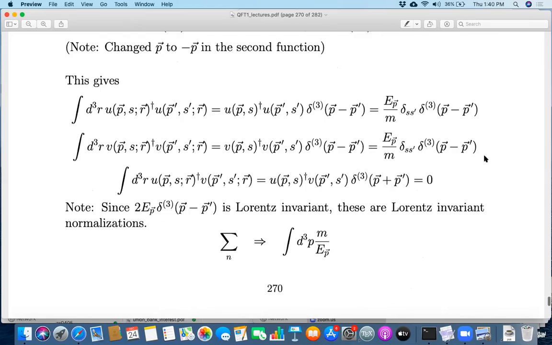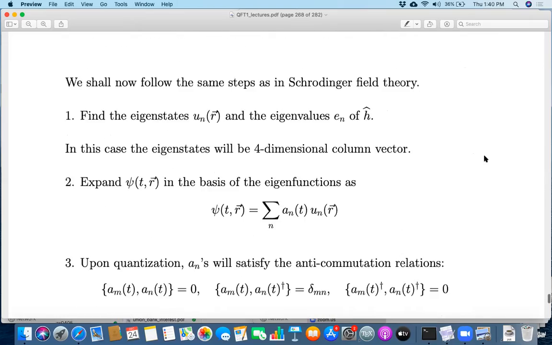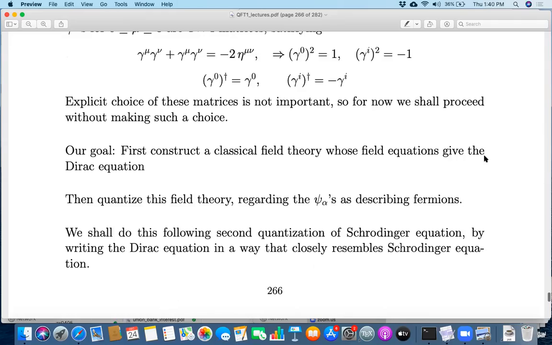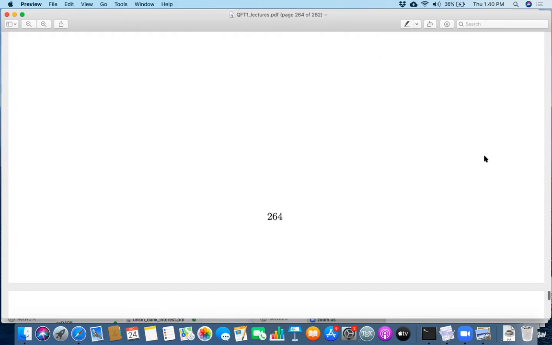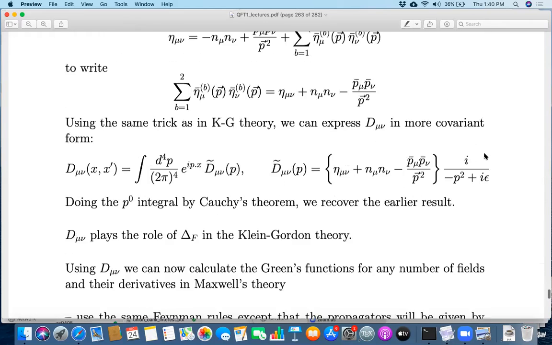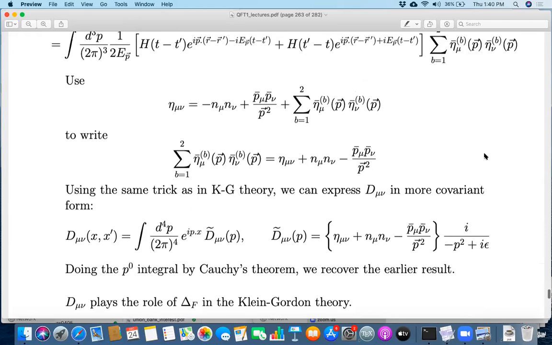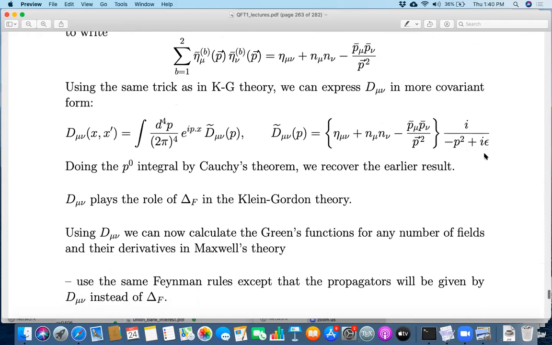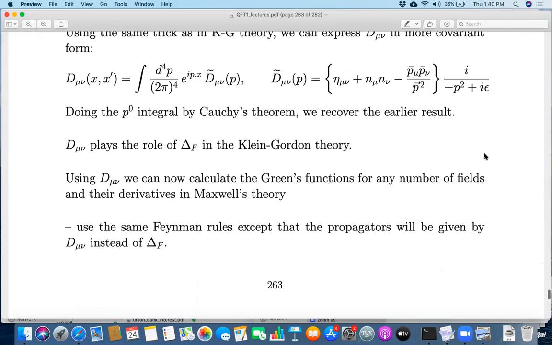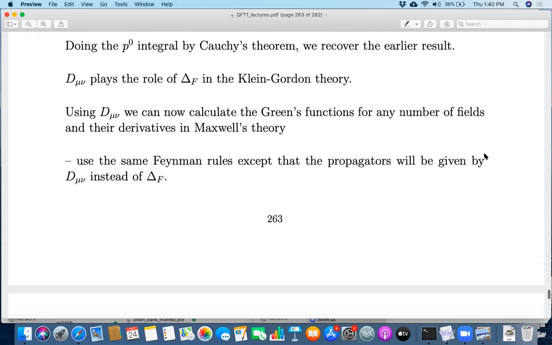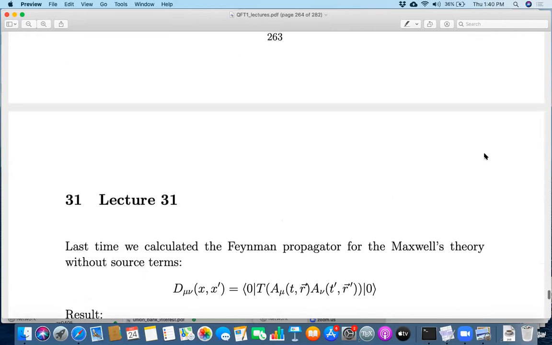Let me see if I had briefly indicated this earlier. Let me go back to the file. Yes, here I had said, I don't know where I have.